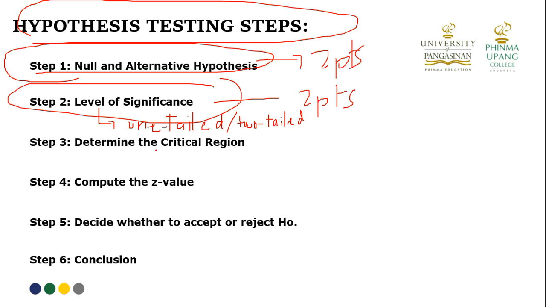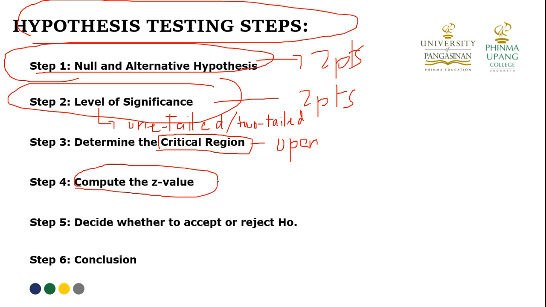In determining the critical region, we're going to open naman yung table natin. Kung ano yung in-open namin nung last, kung ano yung sinulat ng mga teachers, proctor sa harap, sa board mismo, yun po yung gagamitin natin na critical region or the critical value here in proportions.